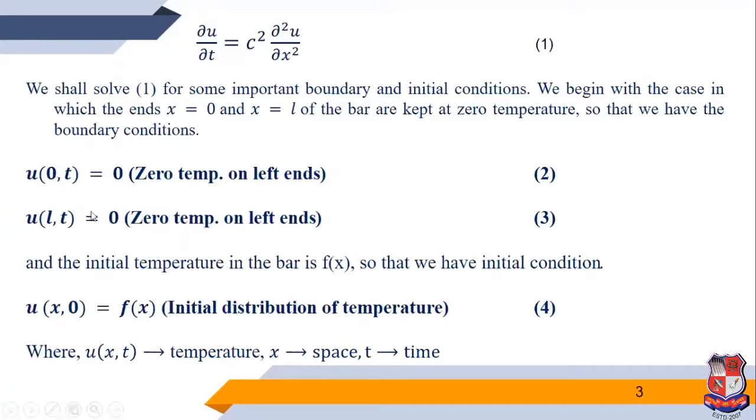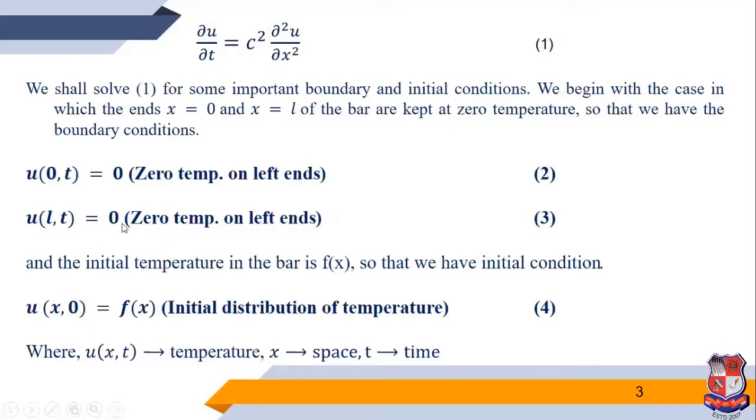And the right end, not left end, u(L,t) is equal to 0, which means x is equal to L. So this is the left end temperature, this is the right end temperature, and both ends are held at zero temperature. So the boundary conditions are u(0,t) = 0 and u(L,t) = 0.